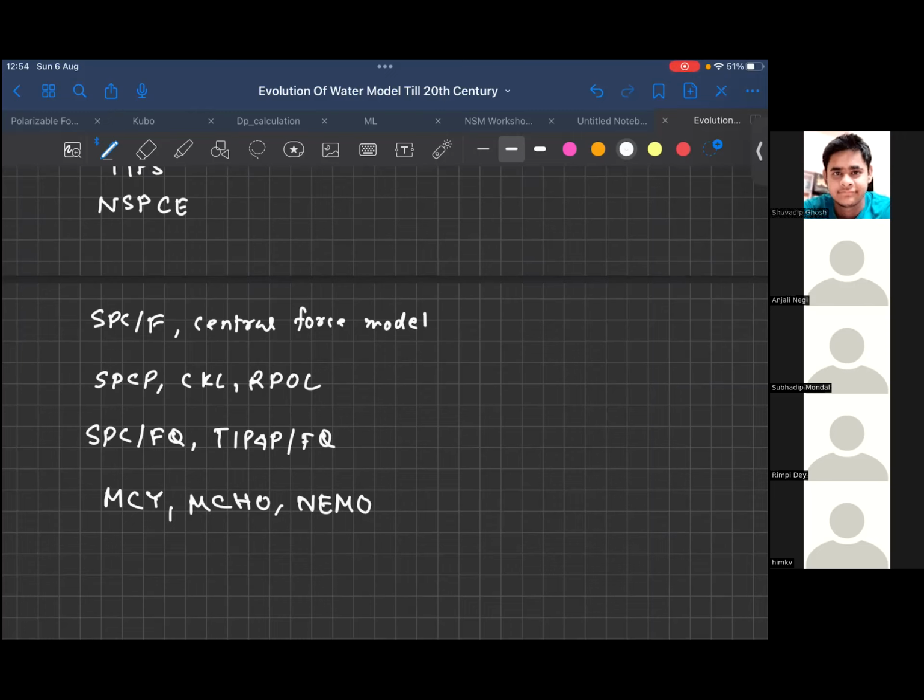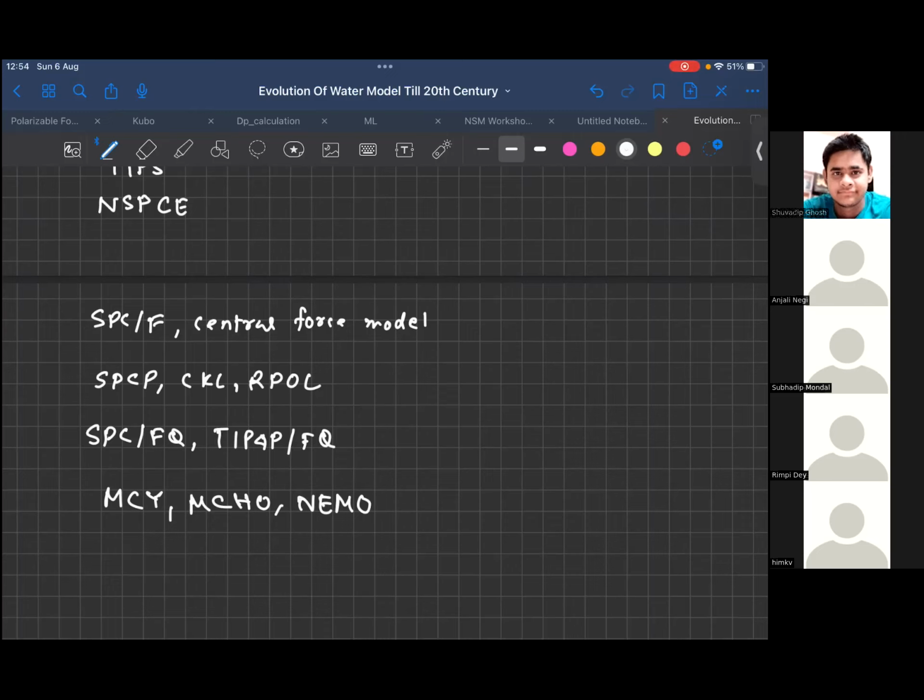Okay, so after making the water model, the first thing you have to do is to test it. In the 1960s to 1980s, people tested the reproducibility, or the ability, of their water model for ambient condition properties of water, like at 298 Kelvin.